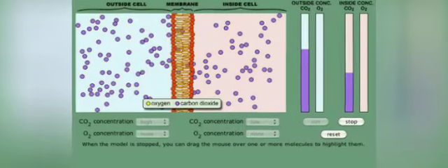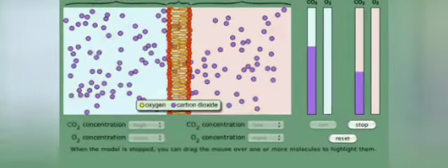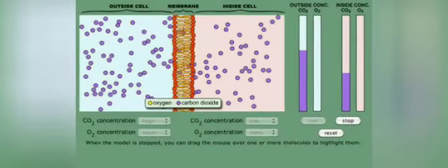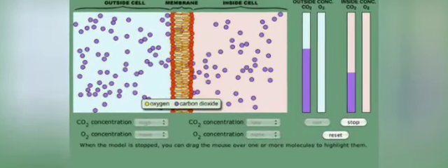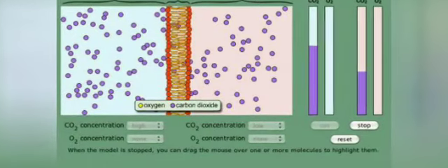Right? Now, something similar to this also happens in the cell. For example, carbon dioxide accumulates in high concentration inside the cell. In the external environment, the concentration of carbon dioxide is low as compared to that inside the cell.